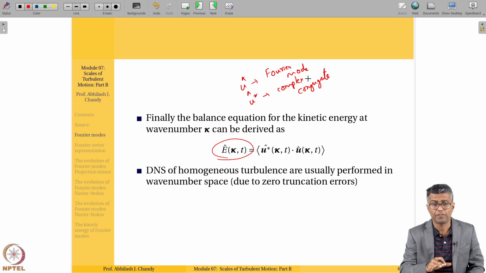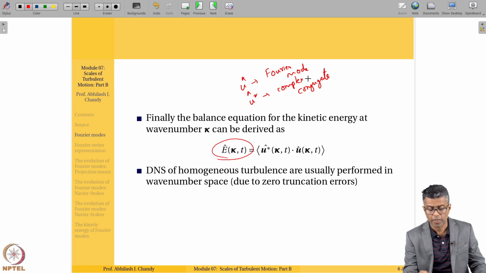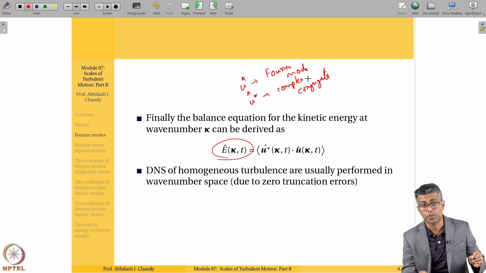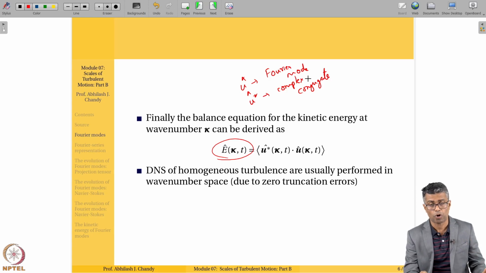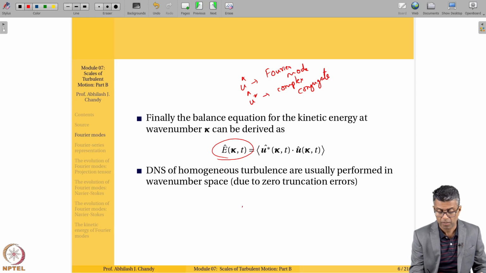Here we have not derived it, I'm just stating it. If you want to derive the kinetic energy, you can just take a product of the velocity vector in Fourier space multiplied by its complex conjugate. Think about this: if I have a complex number a plus ib, its complex conjugate is a minus ib.